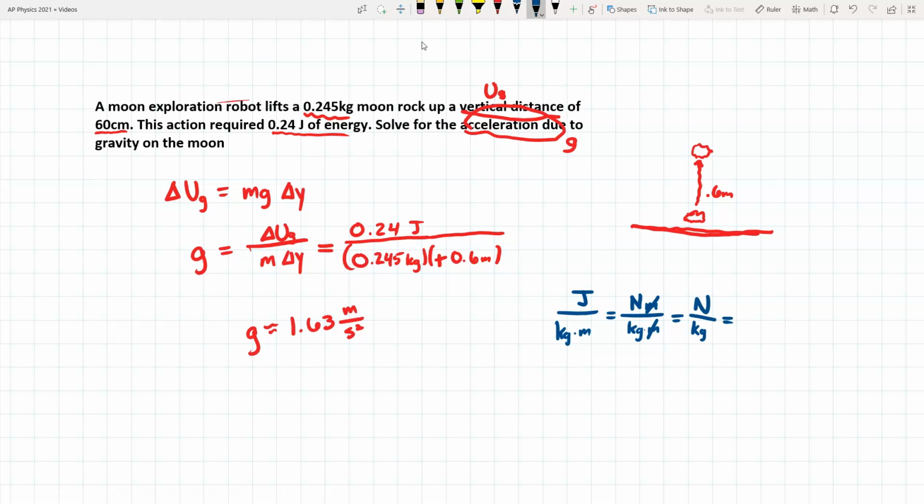Remember, a newton is a unit of force, that's mass times acceleration. Mass is kilograms, acceleration is meters per second squared, and then over kilograms. Now these cancel, and we're left with meters per second squared. So we're good. And this is actually the acceleration of gravity on the moon.